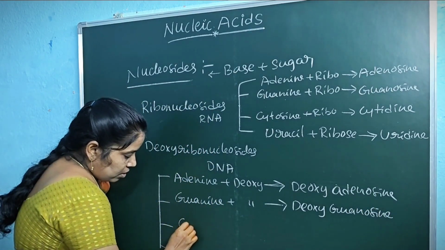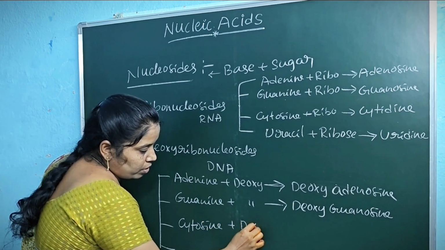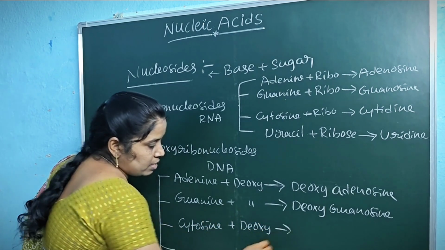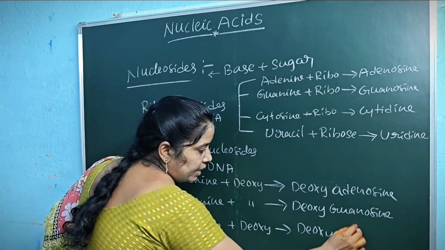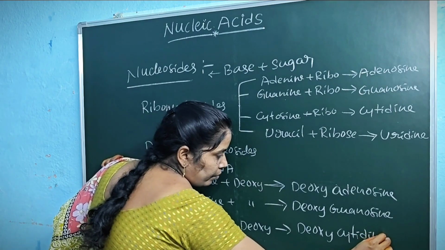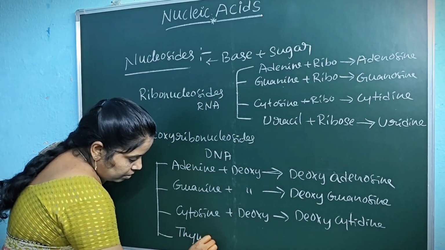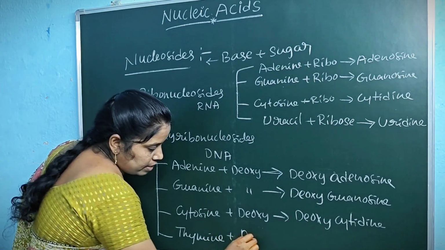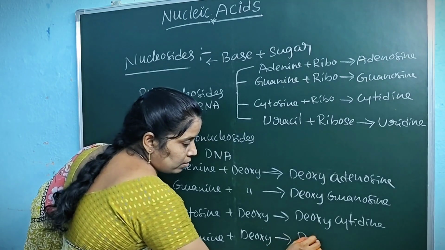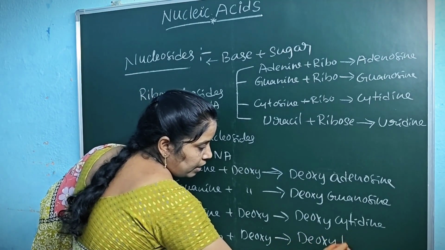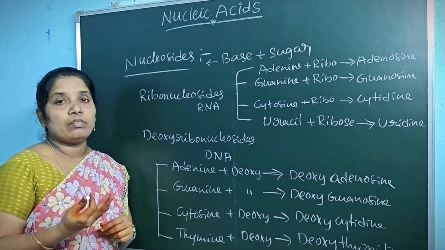If cytosine is present with deoxyribose sugar, that is termed deoxycytidine. If thymine is present with deoxyribose sugar, that is termed deoxythymidine.